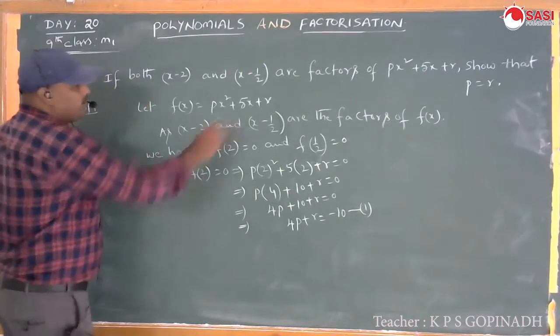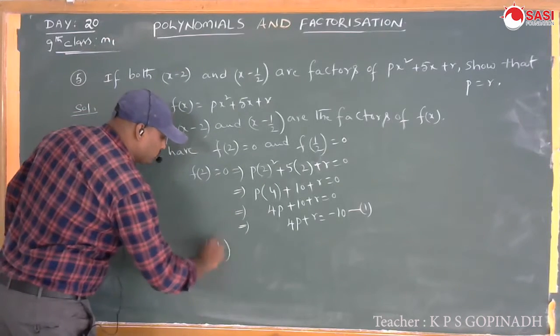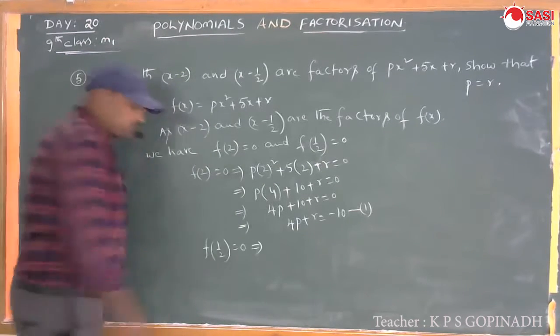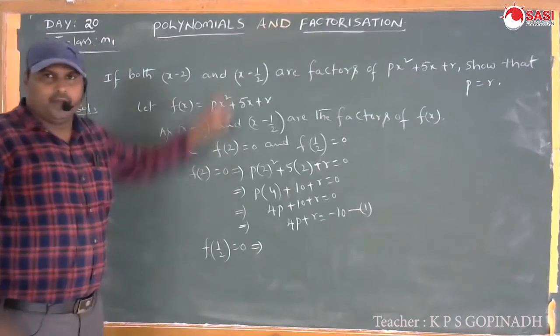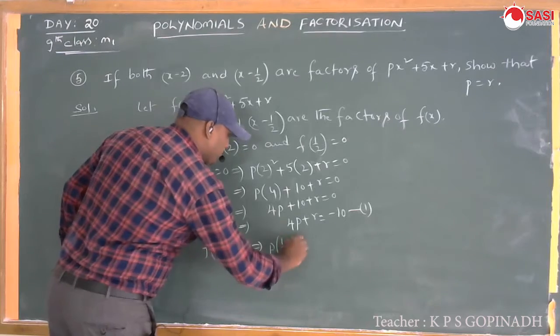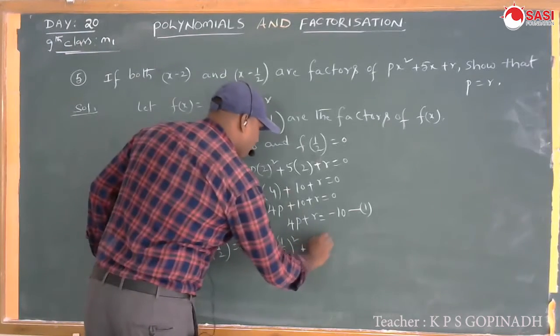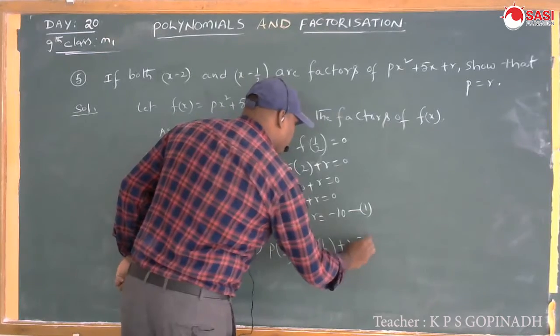Next, take f of 1 by 2 equal to 0. Put x is equal to 1 by 2 in f of x. So p into 1 by 2 whole square plus 5 into 1 by 2 plus r is equal to 0.